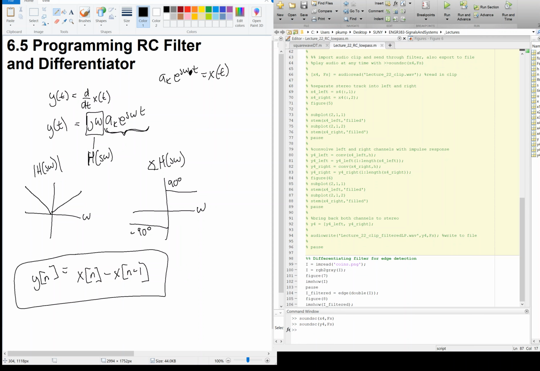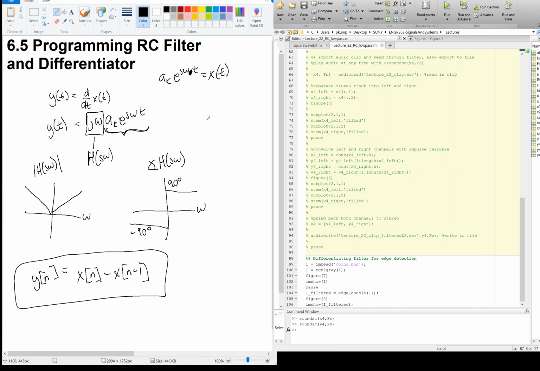It's a first difference. Now, how would this be useful? Well, one use for this thing is with images, and it's used for edge detection. So in an image, if you have an edge in an image, then that corresponds to a high frequency. Think about it. If something changes from white to black, for example, then that's a quick change, right?